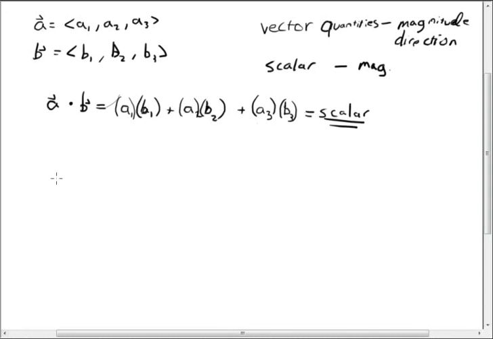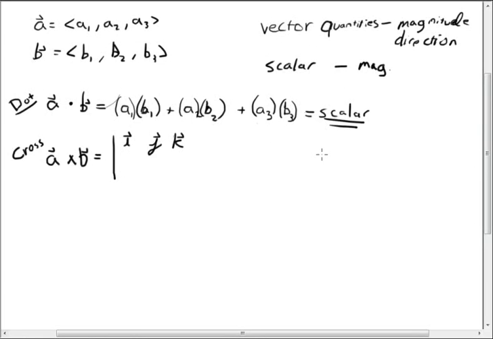So now we're going to have another operator, and this is called the cross product. This is the dot product. Now we have a cross product, and that would be A cross B. Now this is equal to a 3 by 3 determinant, where the first row is I, J, and K, and those are our unit vectors.